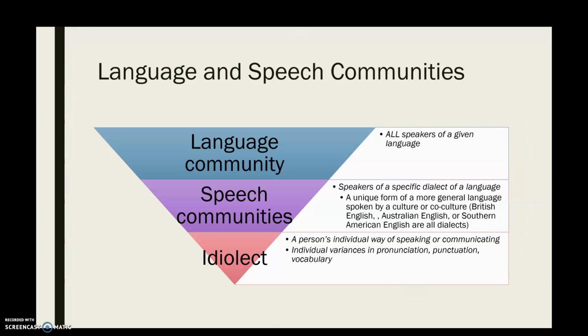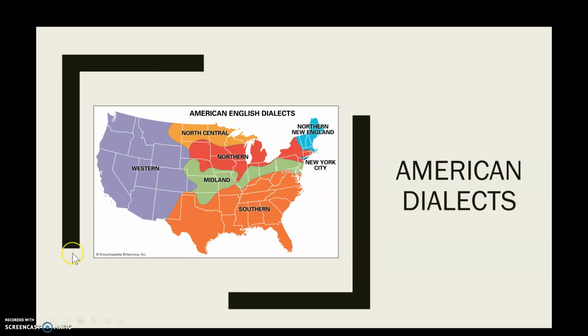And that's your idiolect. So I wanted to show you some of the speech communities here in the U.S. within the language community of English. These are some American English dialects and where they're most common. Even within these dialects, though, you'll see variances.